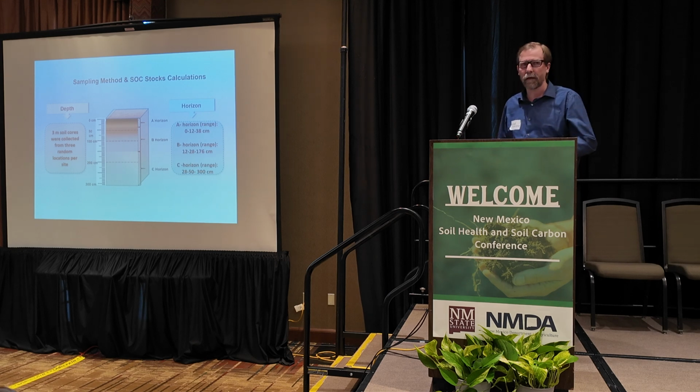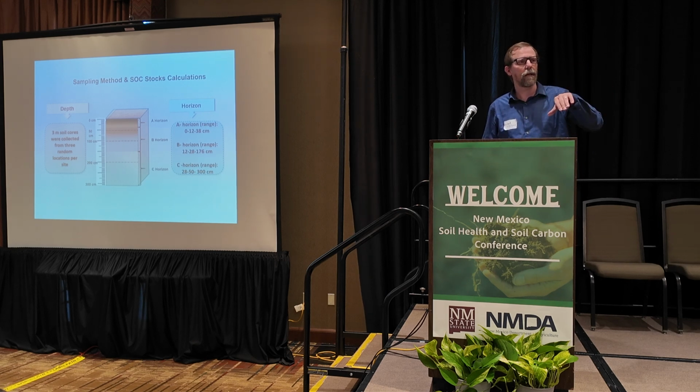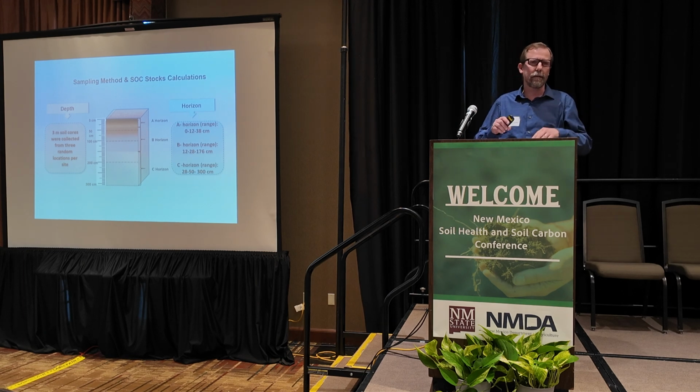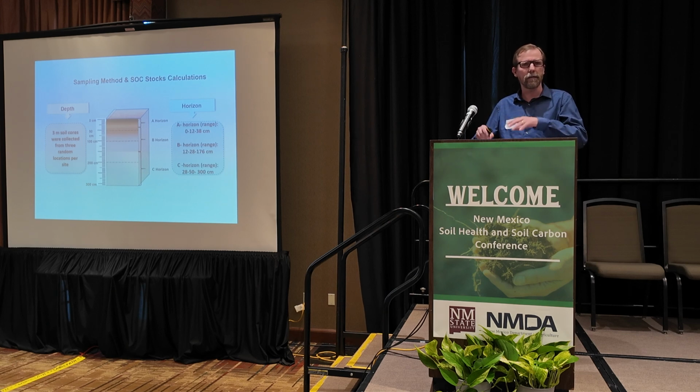The C horizon can already start at 28 centimeters and goes down to 300 centimeters. And these A, B, and C horizons are kind of biogeochemical boundary conditions. These horizons are there for a reason, because we have changing conditions: organic matter content, clay content, parent material, and so on.